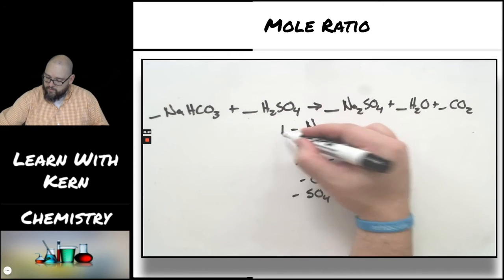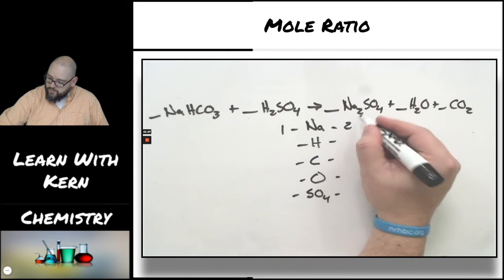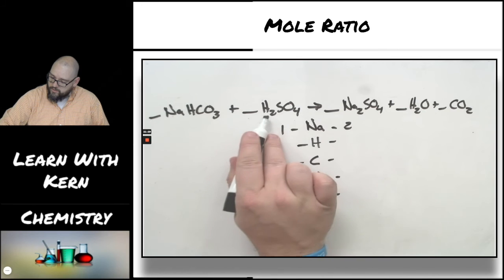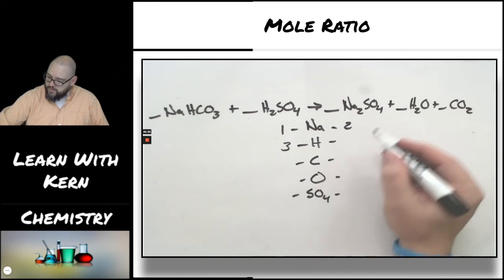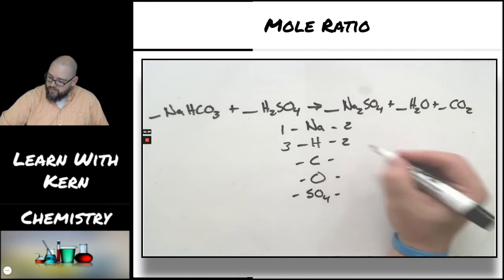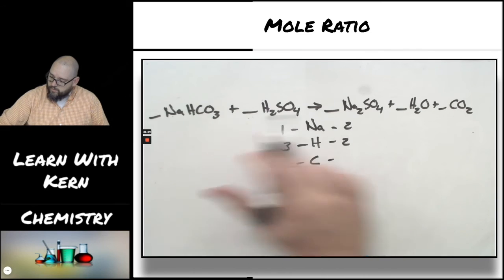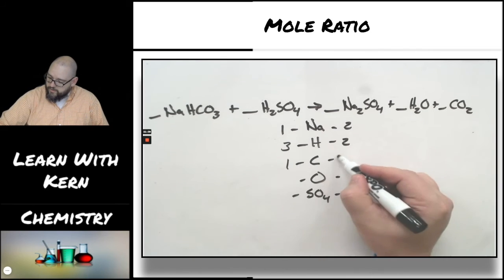So on this side I have 1 sodium, and over here I have 2 sodiums. I have 1, 2, 3 hydrogens, and over here I have 2 hydrogens. I have 1 carbon over here and 1 carbon over here, so they're good.